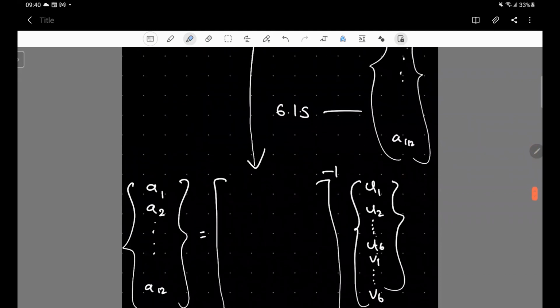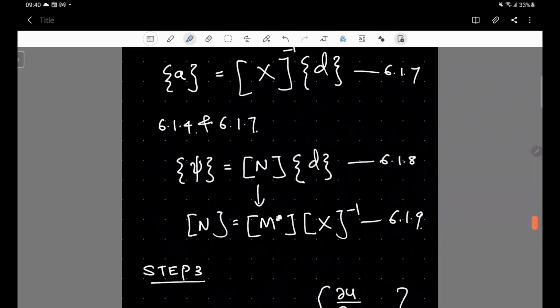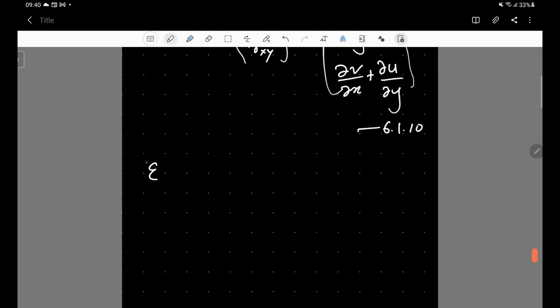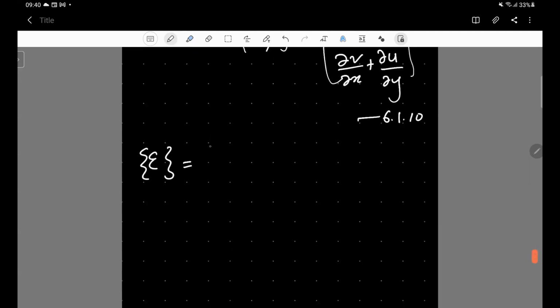And if you do the derivations correctly, your strains can be expressed using this type of matrix. On the left hand side we have the coefficients, so we do the derivation and take the derivative and separate the coefficients. This is what we have done in this step.